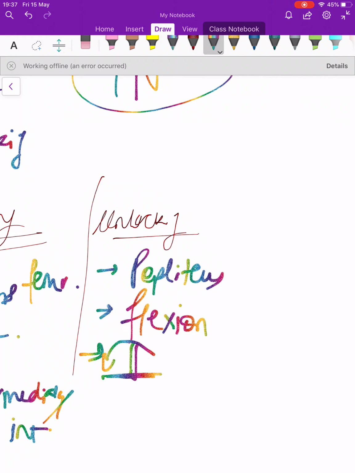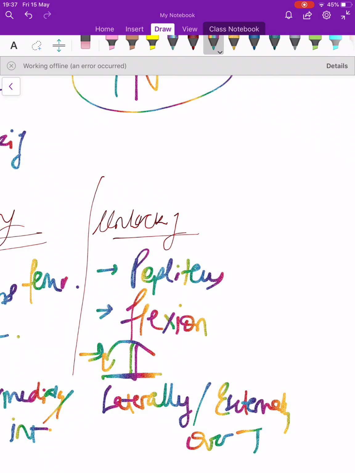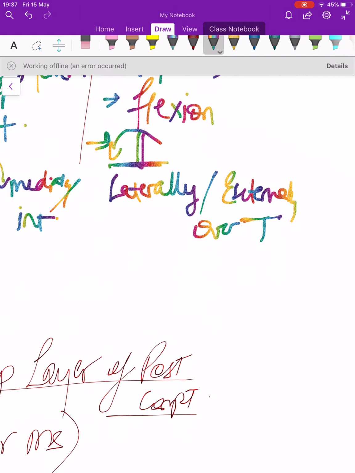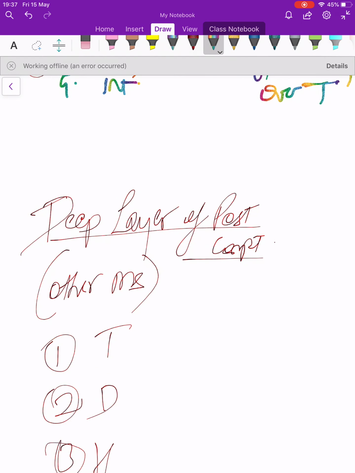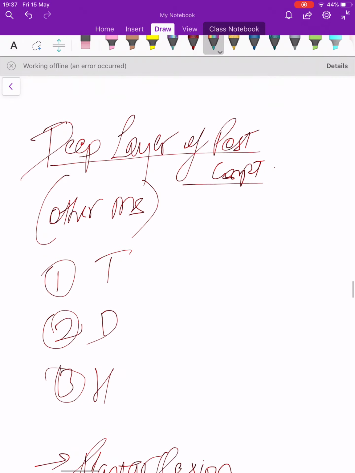So the femur rotates laterally or externally over the tibia, and hence unlocking will happen. Right? And next we will talk about the deep layer of the posterior compartment. Okay, other muscles.